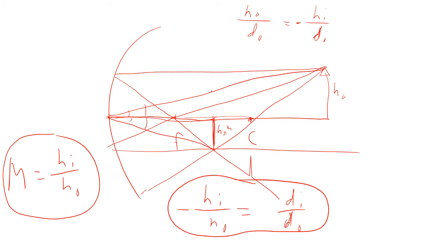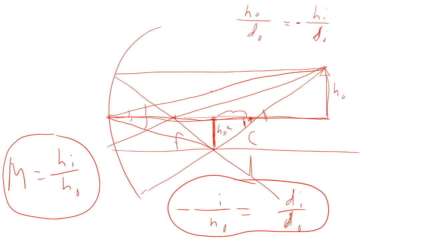Now we can look at that and say, wait, we can go one step further. Look at this right there. Those angles right here, those angles are the same. So that means that again we can say that HO is to this distance.